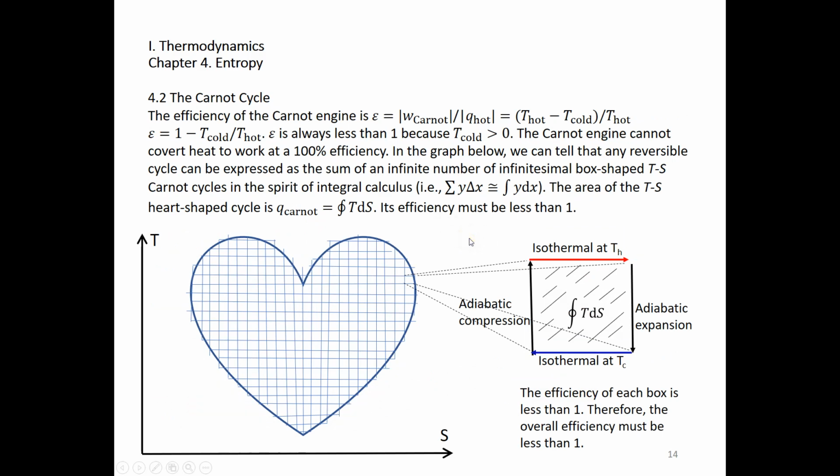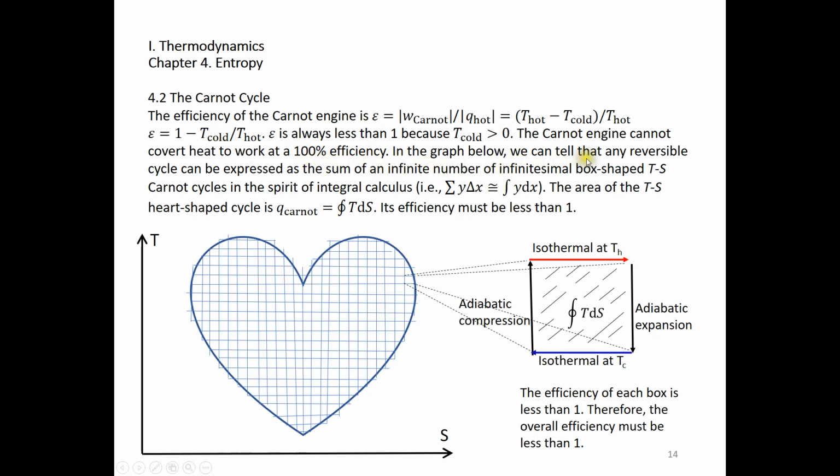We looked at the efficiency of a Carnot cycle, which is this much. Epsilon is the amount of work of the entire Carnot cycle divided by Q hot. It's just this, or 1 minus T cold over T hot. So we got this expression. Epsilon is less than 1. A Carnot cycle cannot convert heat to work at 100% efficiency.